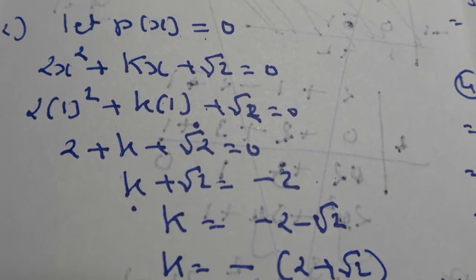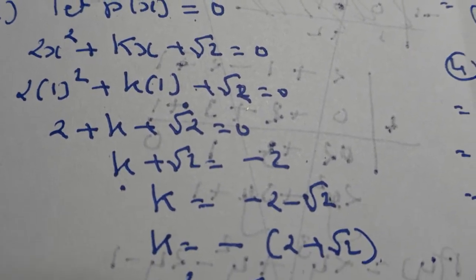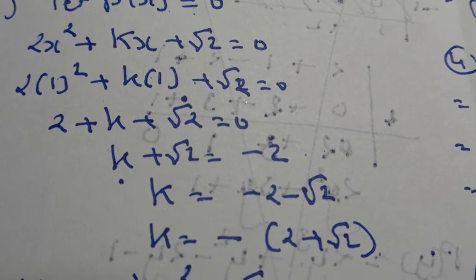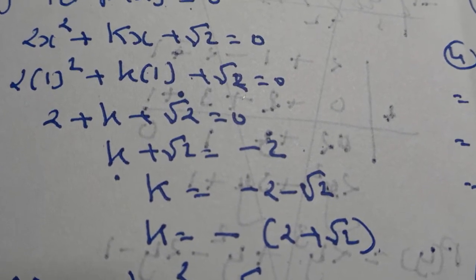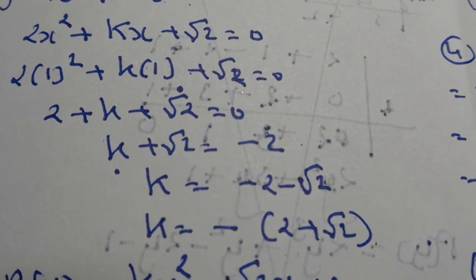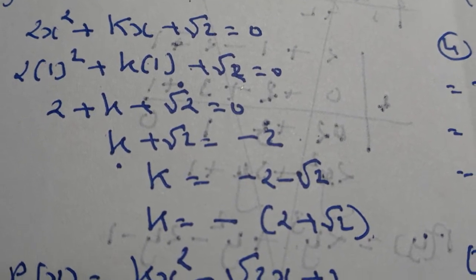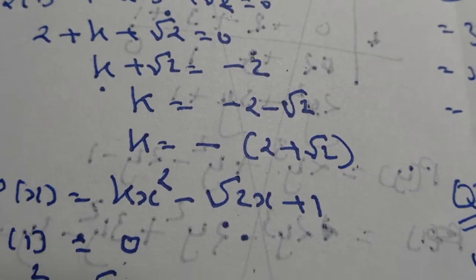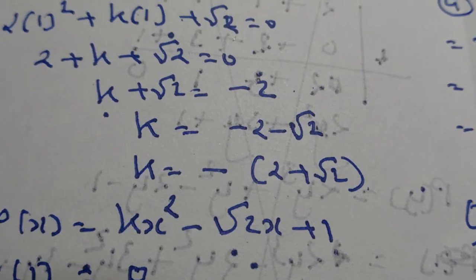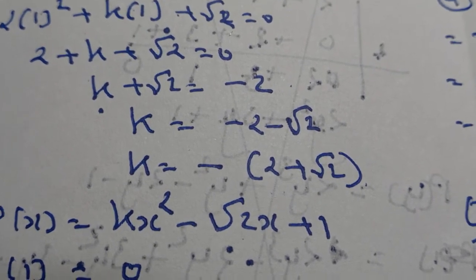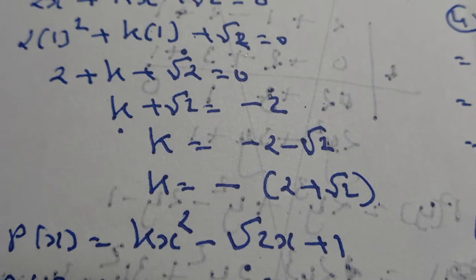Then k plus root 2 is equal to minus 2. Again root 2 is shifted on the right hand side, becomes minus root 2. So k is equal to minus root 2 minus 2. So k is equal to, I am taking minus 2 common, so it becomes minus root 2 into bracket 2 plus root 2.